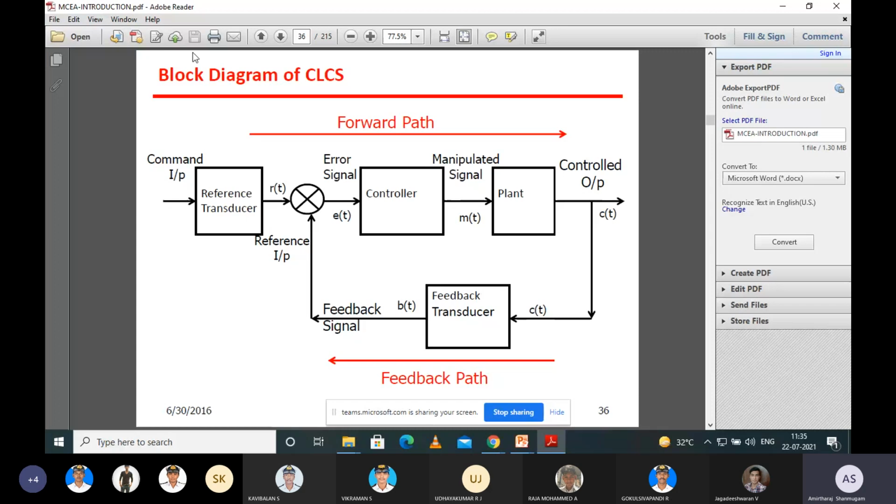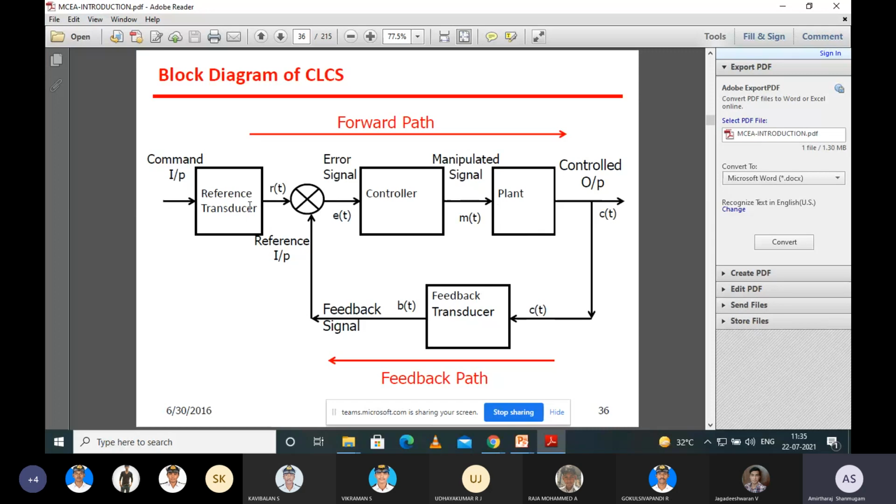Okay, now we consider one simple example. In the plant, what are the blocks there? Reference input, the command input.